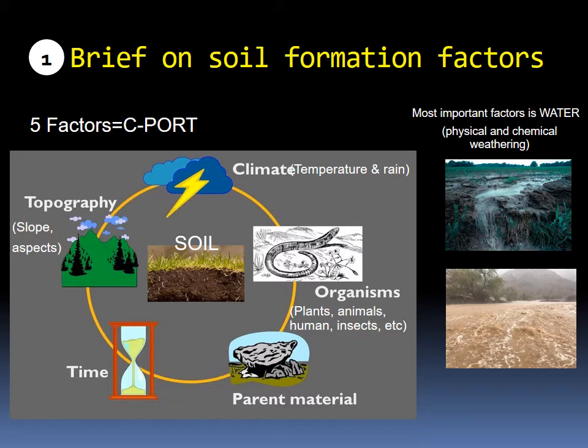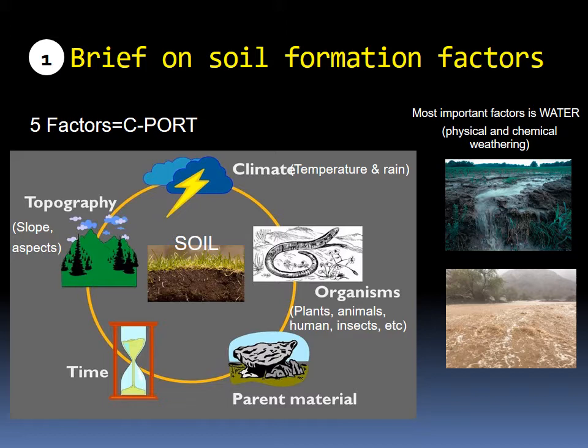For example, assume that one face of the mountain is facing the sun most of the time during the day, and therefore it is receiving a lot of solar energy and radiation, and that would affect the temperature and the process of weathering, compared to another face of the mountain which is not receiving the sun. So you would see that the one receiving the sun would have faster and more weathering processes.